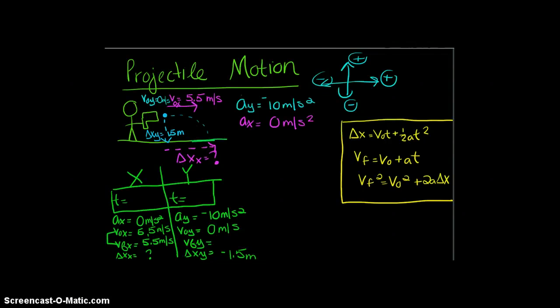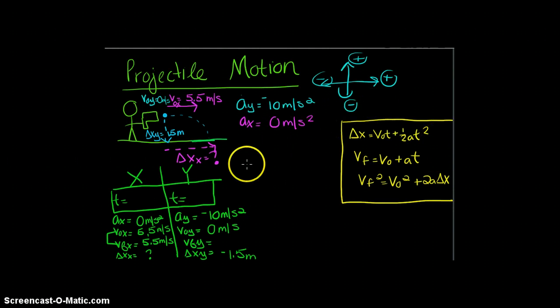Now that we have all of our values set up in our t-chart, we need to go shopping for a math model that'll work for the quantities that we have and for what we're looking for. So over on the right here, I have our kinematics equations, and it's the same kinematics equations that you used in one-dimensional motion. And when it comes to projectiles, we'll just apply equations in the x for x quantities and equations in the y for y quantities.